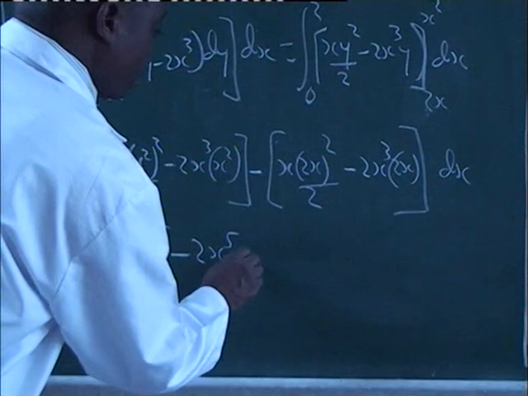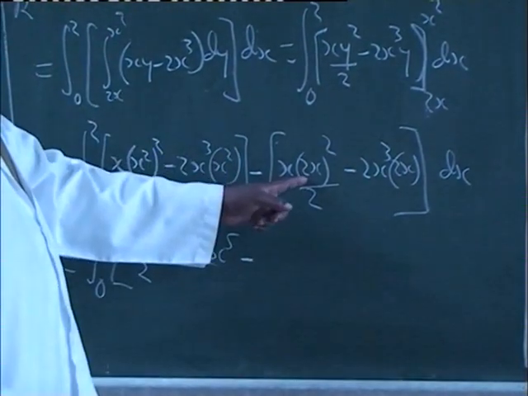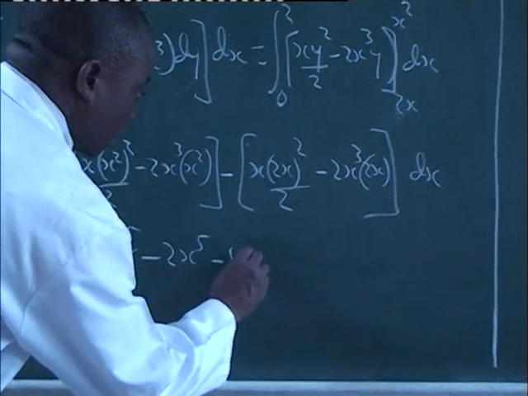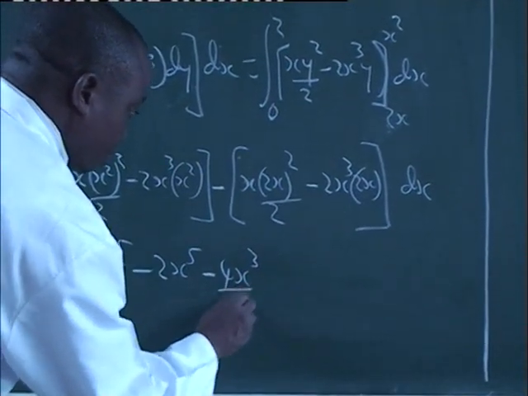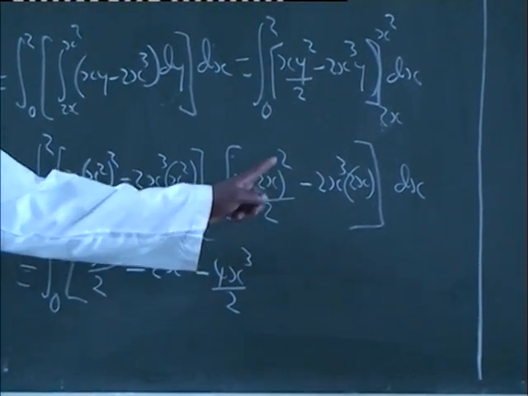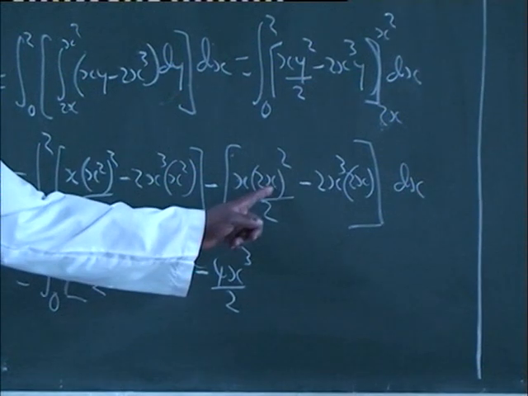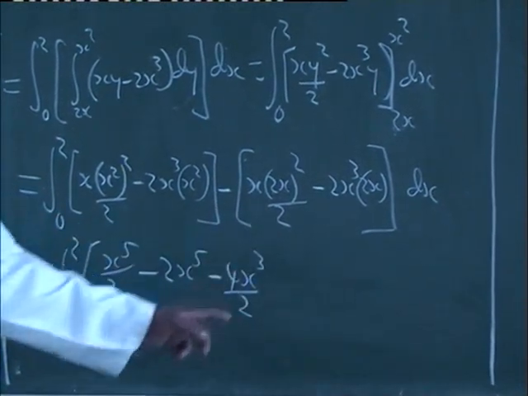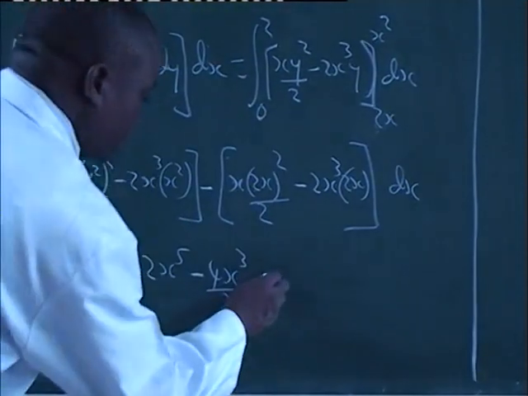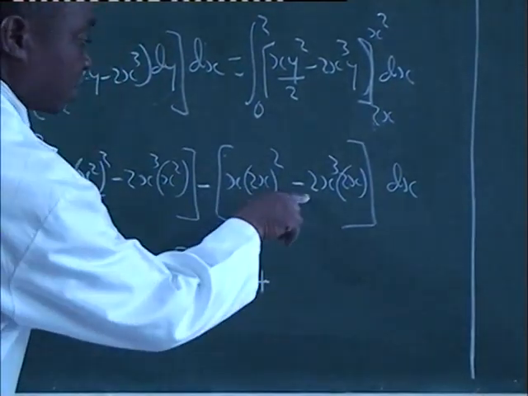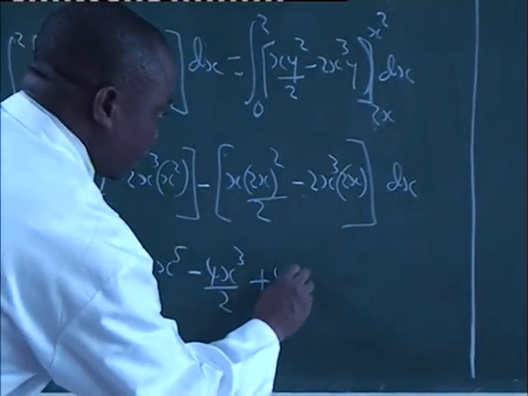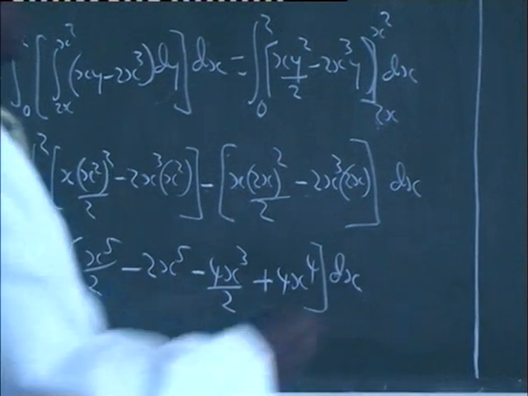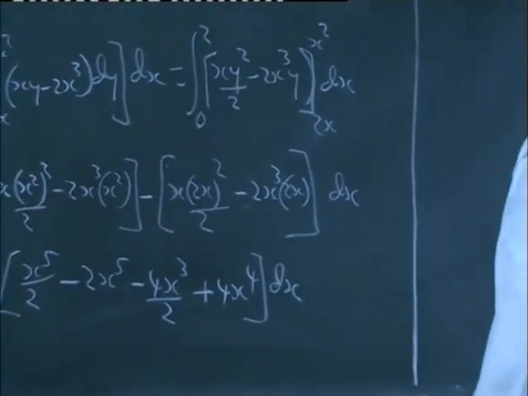Now this side will give minus 4x cubed over 2, because 2 squared is 4, so 4x squared times x is 4x cubed over 2, though this can cancel, but let's leave it first. Then plus 4x raised to the power 4, dx.